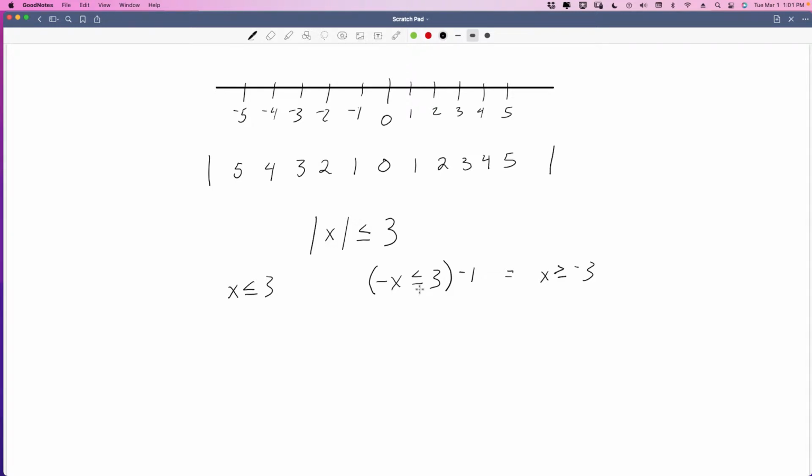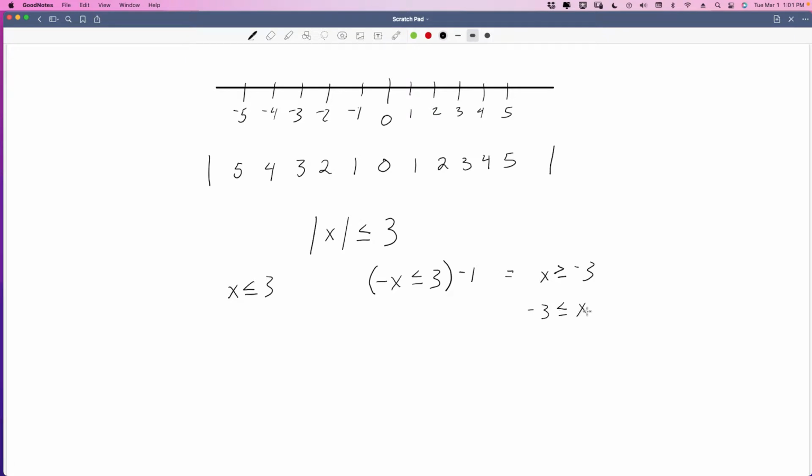So to graph this on our number line, we're going to write it as a conjunction first. And the way we do that is by flipping this around. And when we flip this around, we have to flip our inequality. So we're going to write negative 3 is less than or equal to x, because that's what we're saying here. If we read it from this way to this way, negative 3 is less than or equal to x.